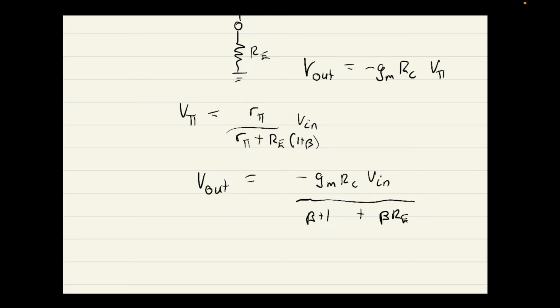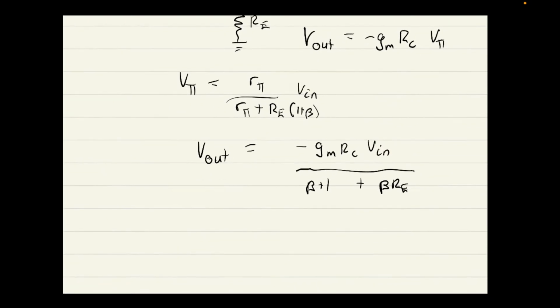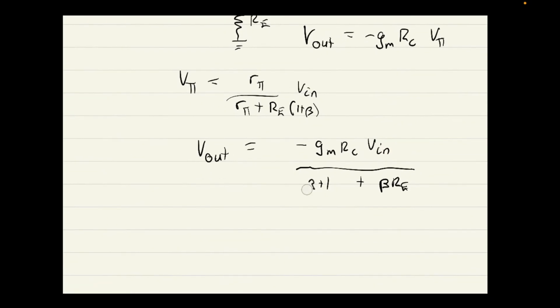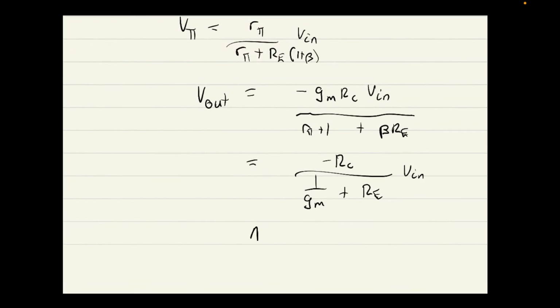Then we'll divide through by gm. So that's your new gain equation over there.